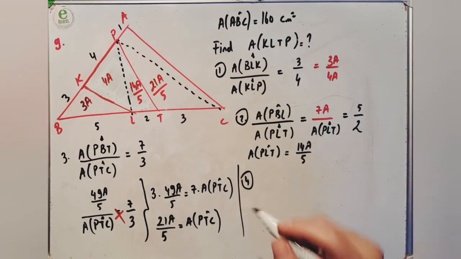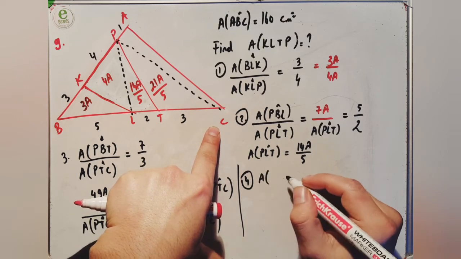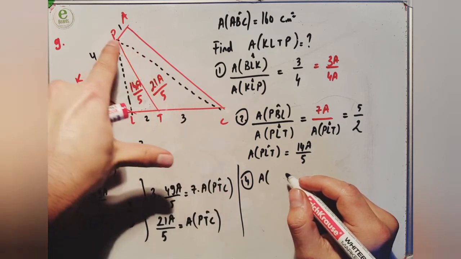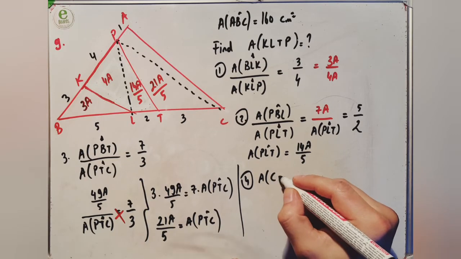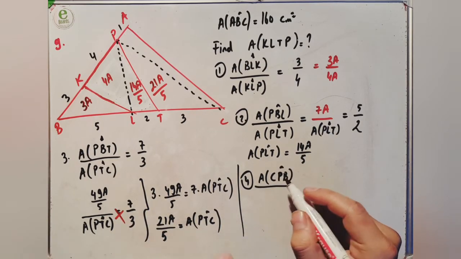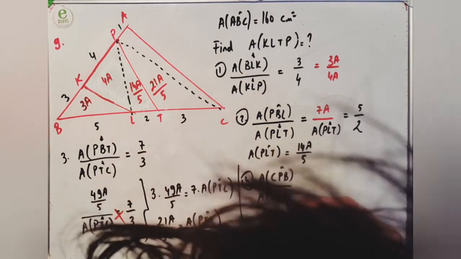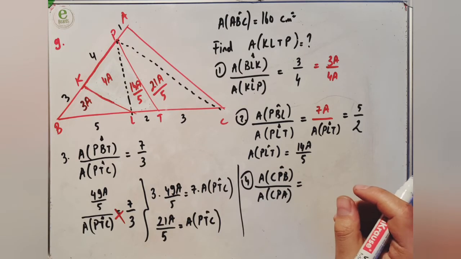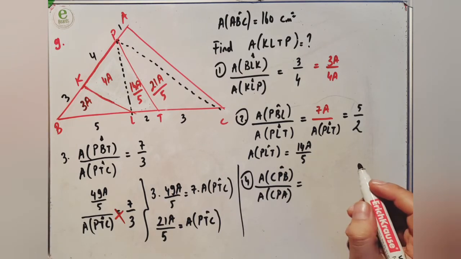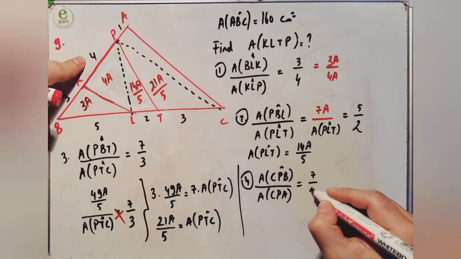And for the last part, the area of CPB over the area of CPA is equal to 3 plus 4, 7, over 1.